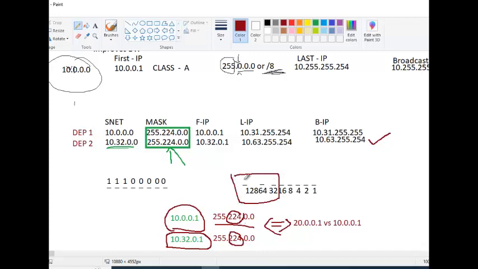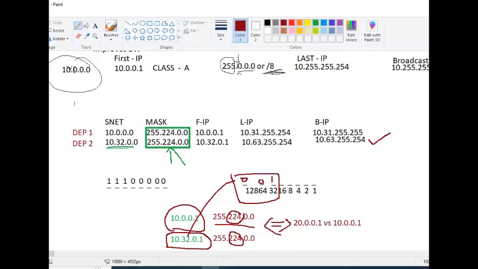To get this 0 in the second octet, even the borrowed bits are zeros. All the bits are 0. To get this 32, the borrowed bits are not 0. If you want to get 32, it is 1 here. These two are zeros. So they are not the same, isn't it? The bit is different.